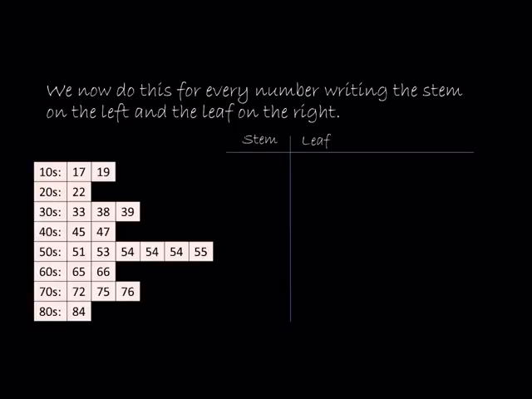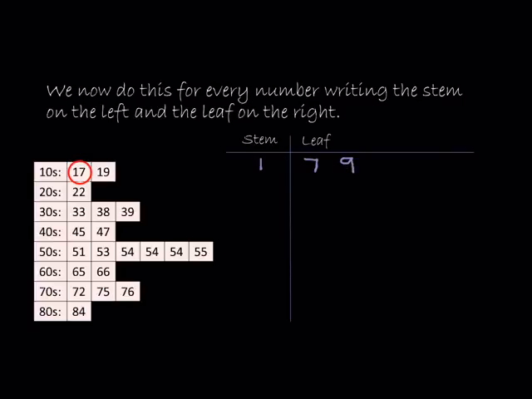So if we continue that for all of our data, what we can see is that for this first number, 17, we have a stem of 1 and a leaf of 7. For the number 19, it's still the stem of 1, but a leaf of 9.